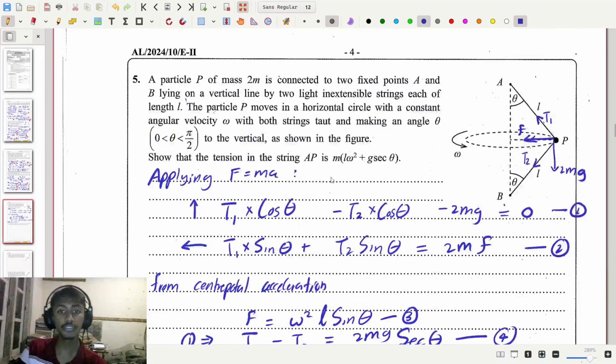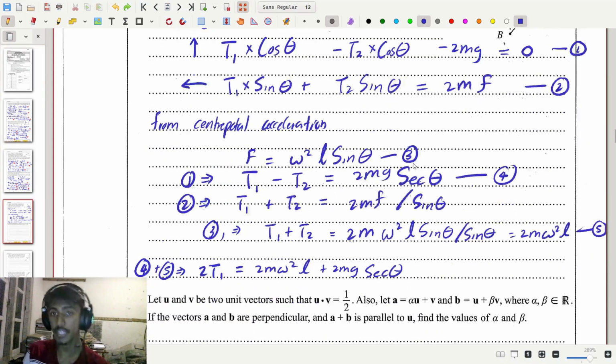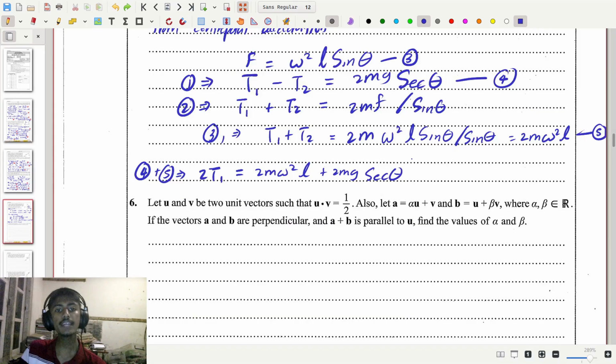And in our final answer, we're supposed to get the tension in the string AP, the tension T1, equal to m times L omega squared plus g secant of theta. If we divide everything by 2 and then factor out the m in this equation, we get left with omega squared L and g secant of theta.